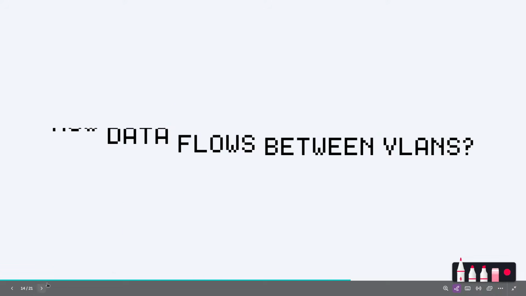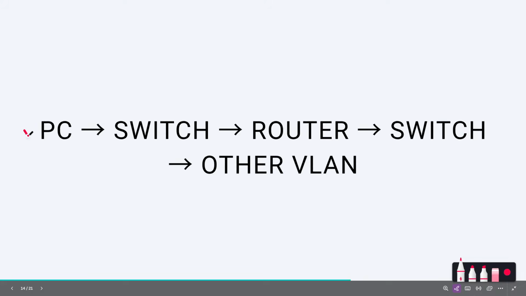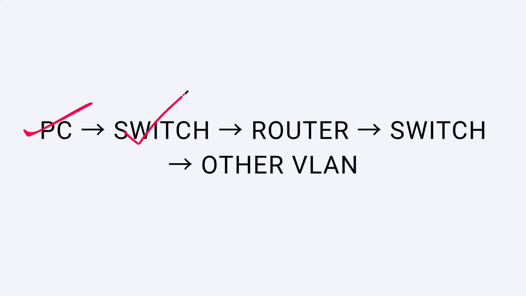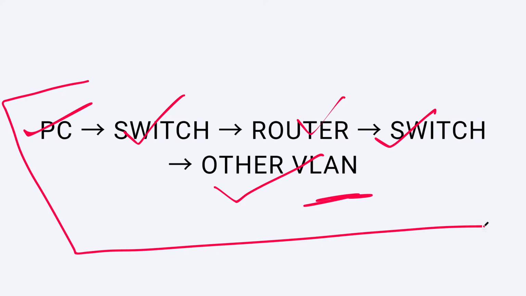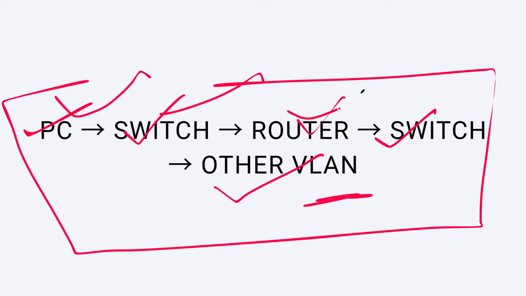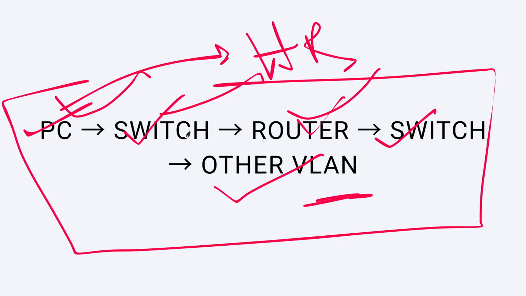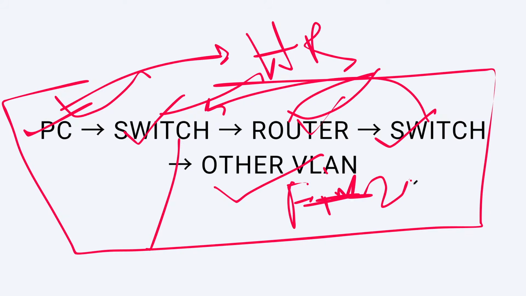The flow of the data is PC to switch to router to the switch again, then the other VLAN. That is, from the HR PC to the switch, then to the router, then back to the switch, then to the finance department VLAN, the 20 part.